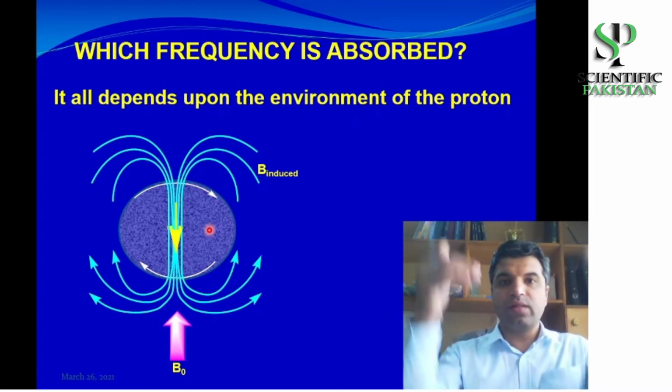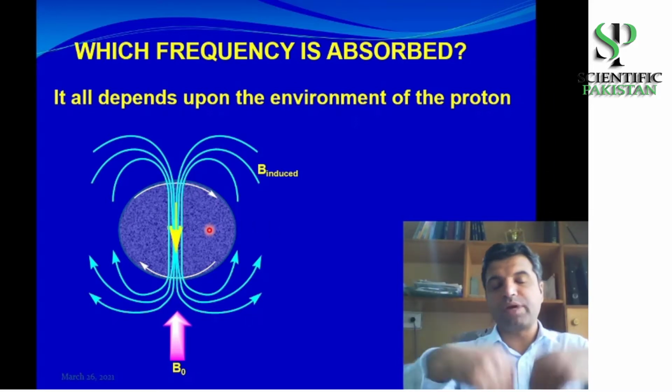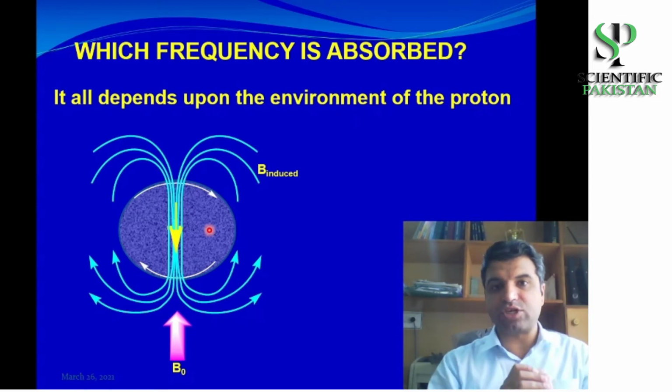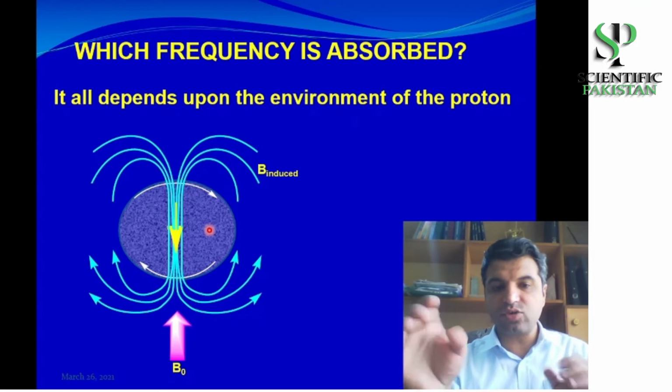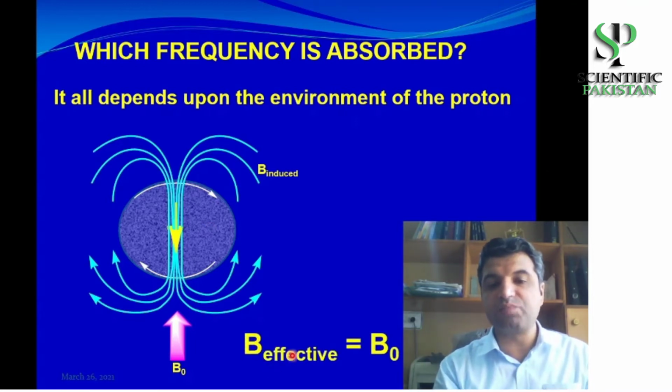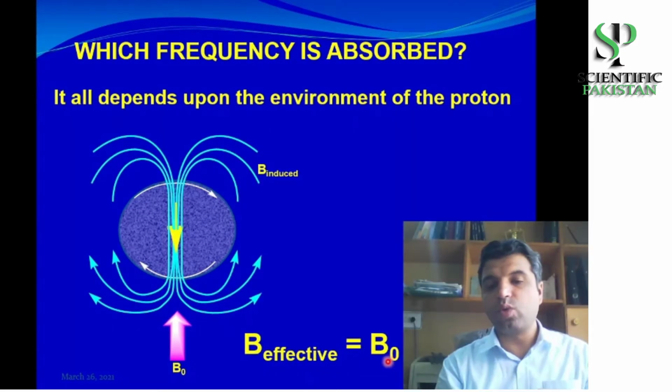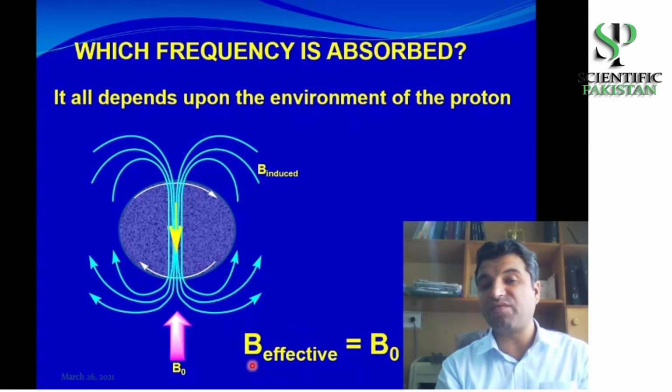So if it is in a region where the magnetic field lines are against, the effect of B naught is diminished. So what it actually gets is B effective, which is a difference of B naught and B induced. So if it is pointing down, it diminishes the effect of B naught. So what it receives as a result is not B naught, but B effective.